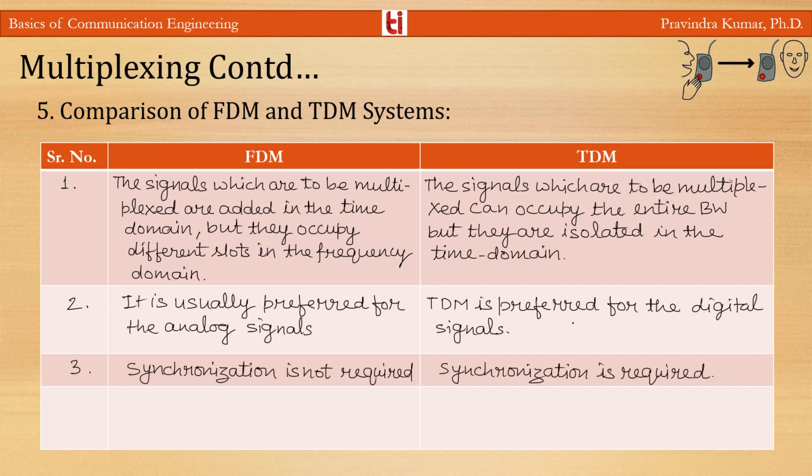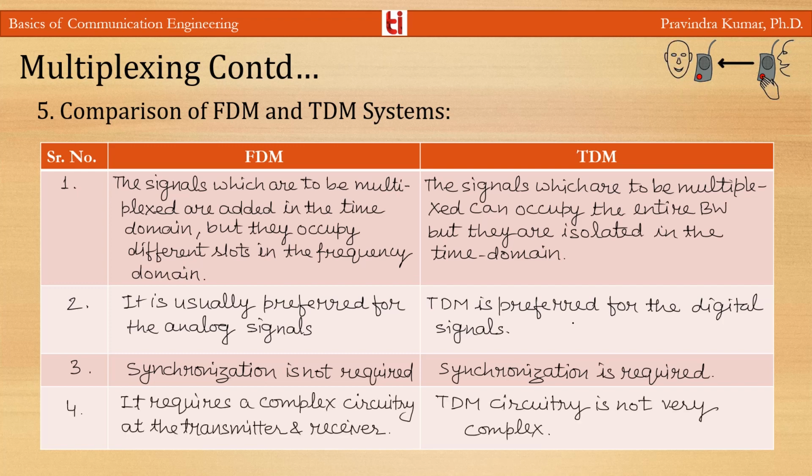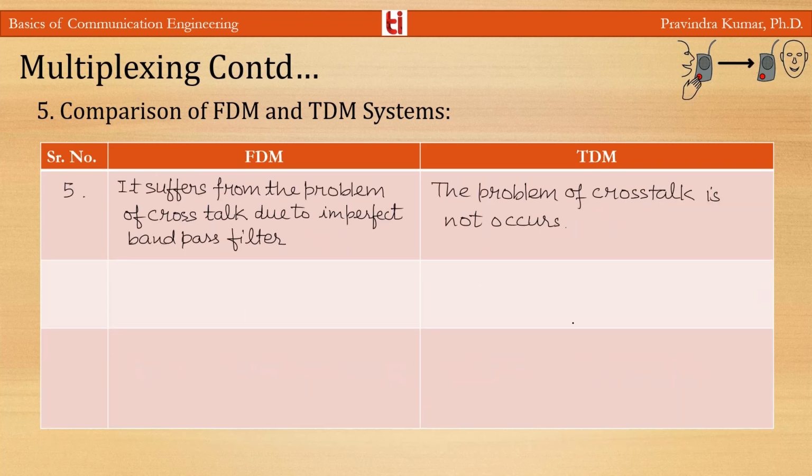In FDM, synchronization is not required, but in TDM, synchronization is required. FDM requires complex circuitry at the transmitter and receiver, and TDM circuitry is not very complex. And FDM suffers from the problem of crosstalk due to imperfect band pass filters, and in TDM the problem of crosstalk is not solved.